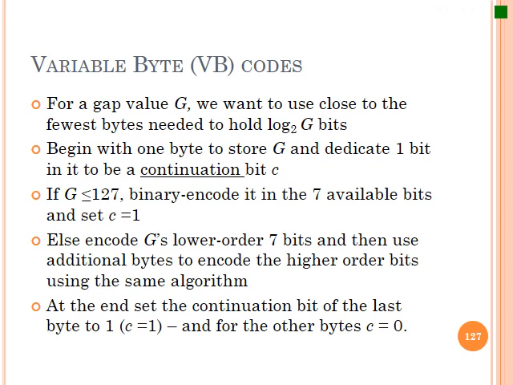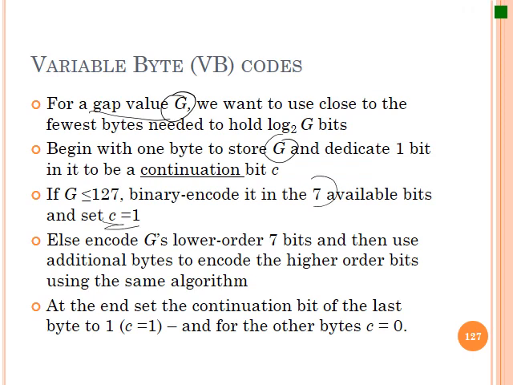All right. So for a gap value G, we begin with 1 byte to store G and dedicate 1 bit in it to be a continuation bit C. So if G is less than 127, binary encode it in the 7 available bits and set C equal to 1.